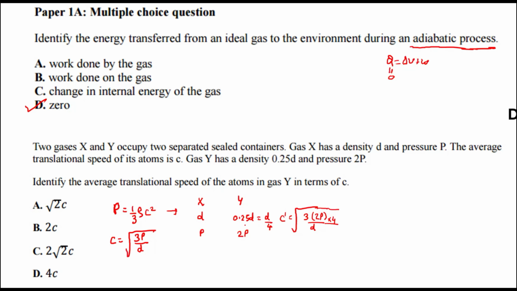So if I compare it in terms of C, I will separate out 3P by D. This term is a separate term which is C, and what is left after that is 8. So what I'm getting is square root of 8 times C, which is nothing but 2 root 2. So the answer for the second question is C, which is 2 root 2.